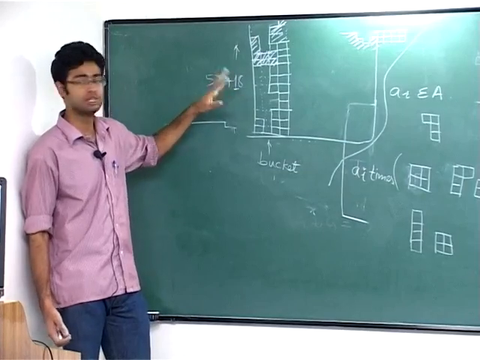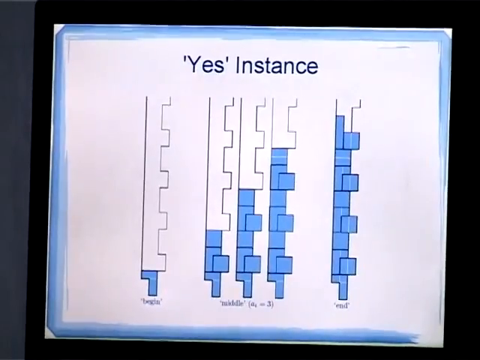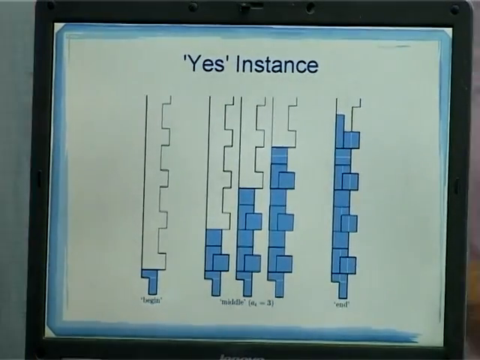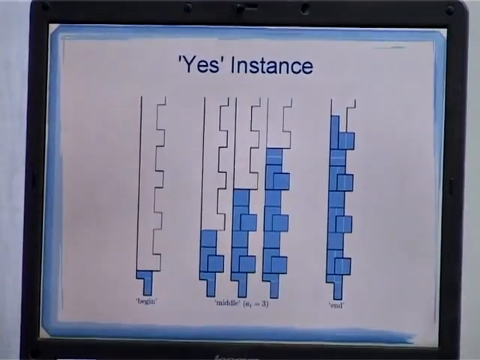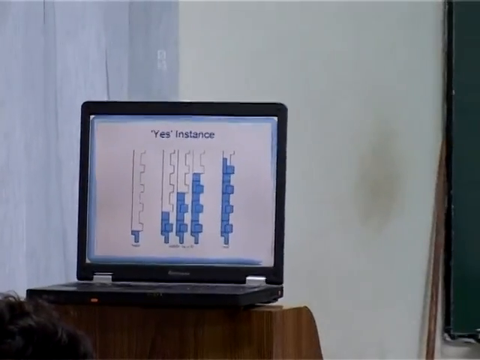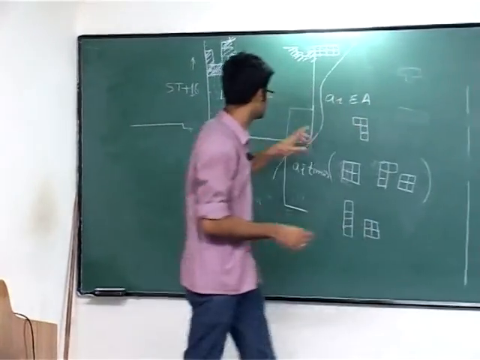That is, I would be clearing 5 into t plus 18 plus something rows, which is not possible for me because the volume of all the pieces which I am giving is the same, which is sufficient only to clear 5t plus 18. So if it was a no instance, that is, I wasn't able to partition them, then I wouldn't be able to clear the board. Some pieces would be sticking out, and I would need to clear more than 5 into t plus 18 rows.